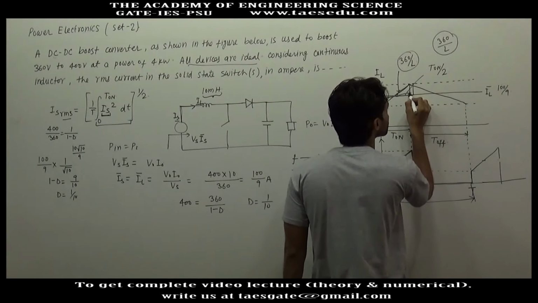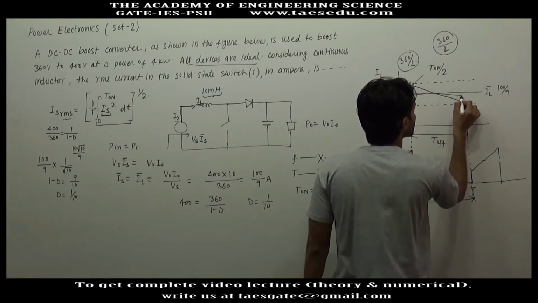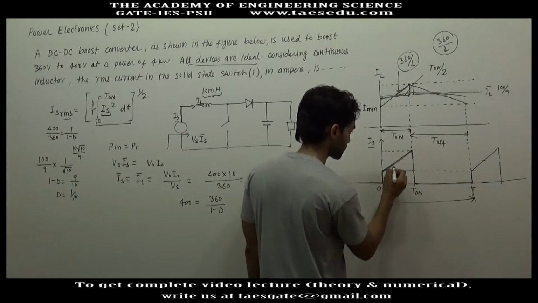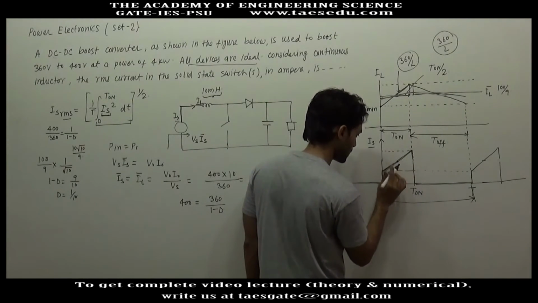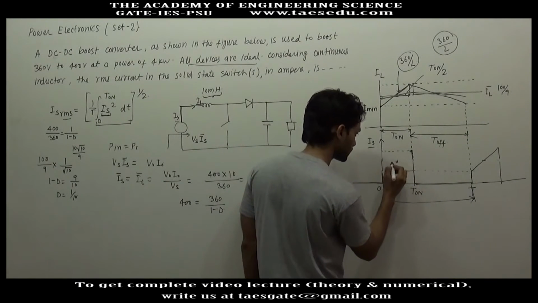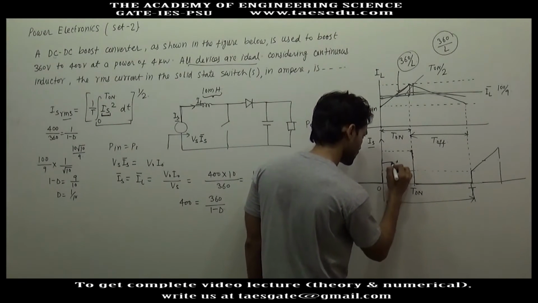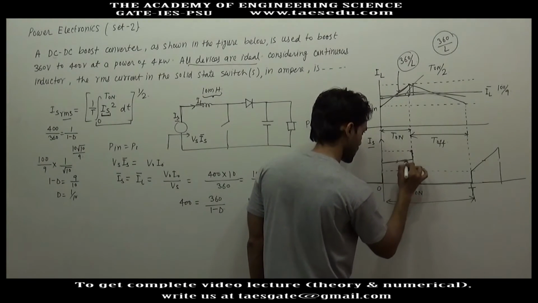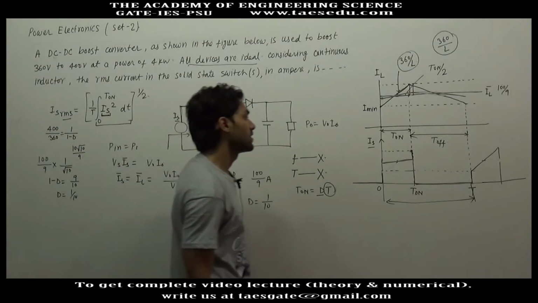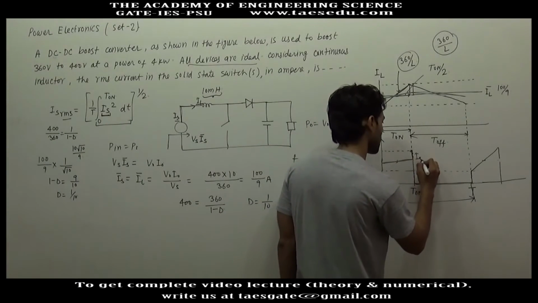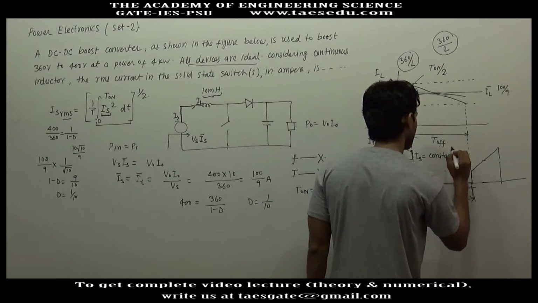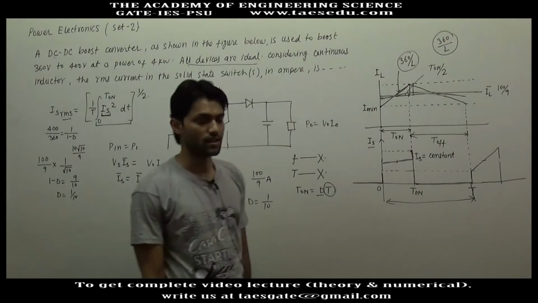Then how will the graph of switch current be? This will be the graph of switch current, and in this duration we can assume that the switch current is roughly constant.